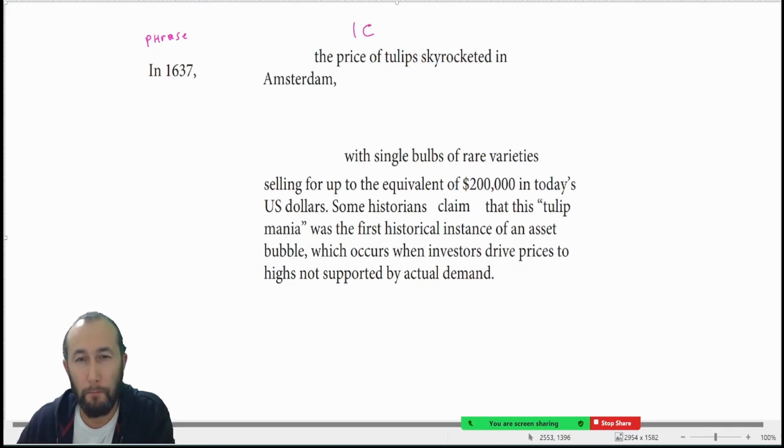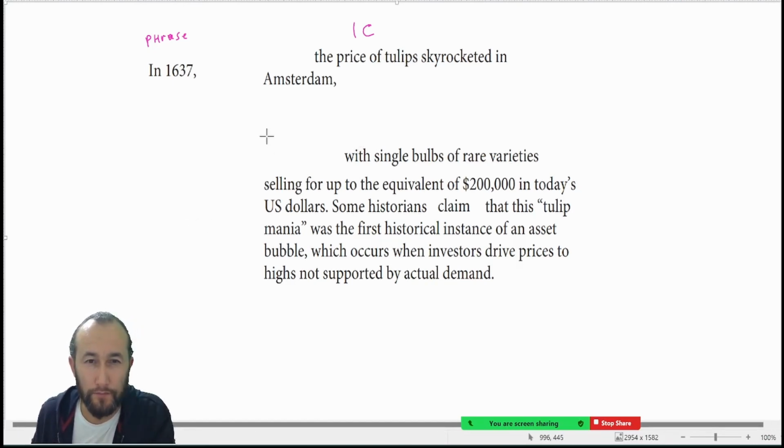Independent clause. Okay, now we're going to carry on operating on that with single bulbs of rare varieties selling for up to the equivalent of $200 in today's US dollars. So this is a phrase, or like a modifier, I would say, giving some extra information about the price and about the tulips. Okay, so let's do that. So I'm just going to separate them now.